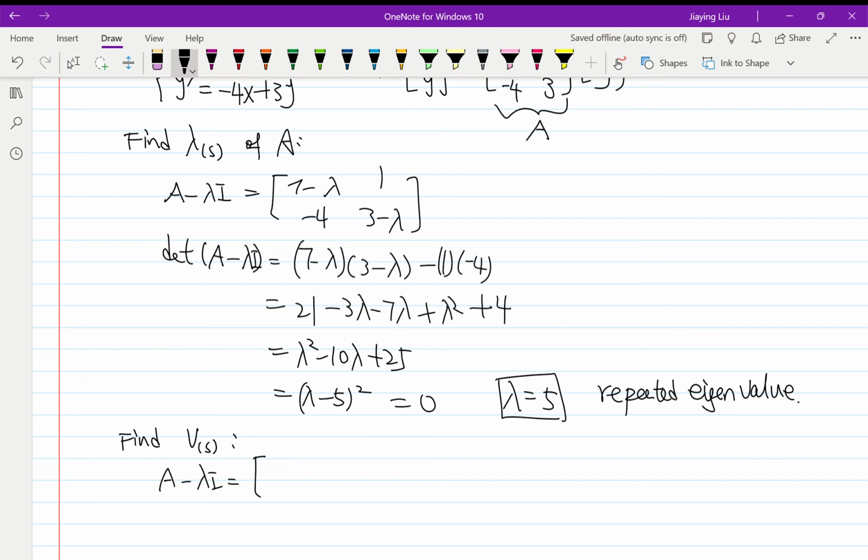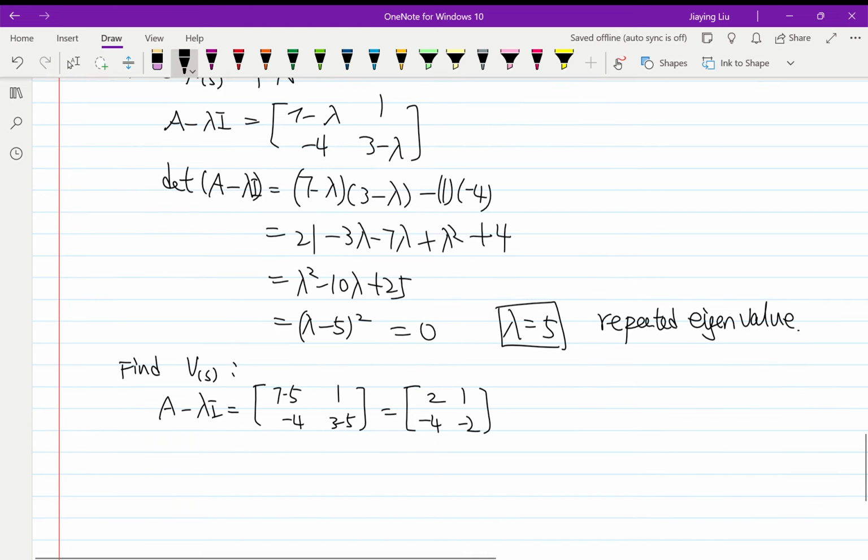We're going to put it in there, so we got 7 minus 5, 1, negative 4, 3 minus 5. So we get 2, 1, negative 4, negative 2. And obviously we're going to use the same formula we did. So using A minus lambda I times V equals 0, right?